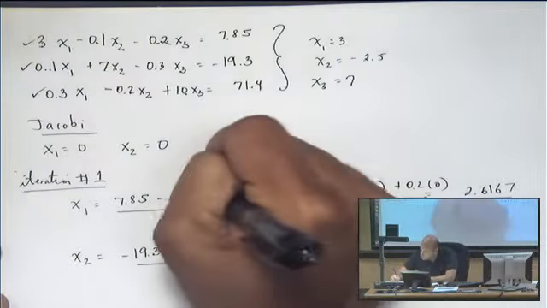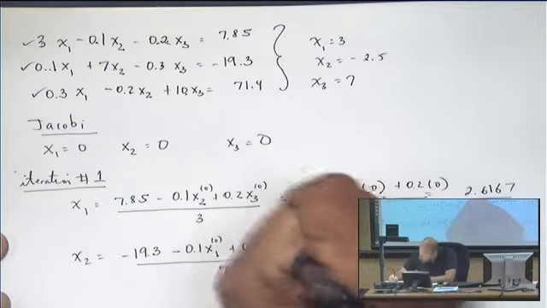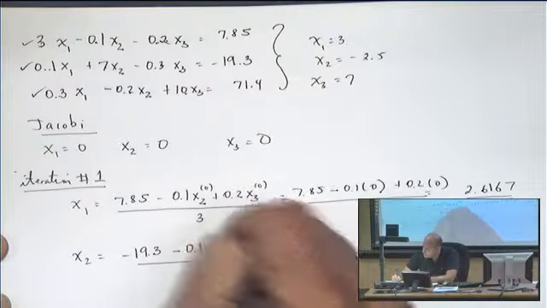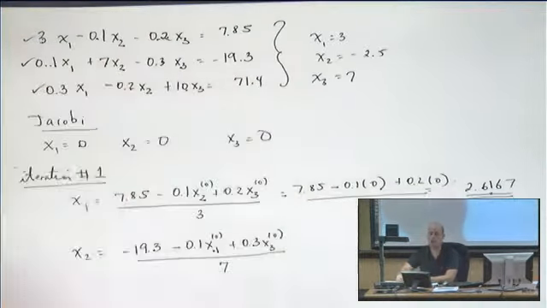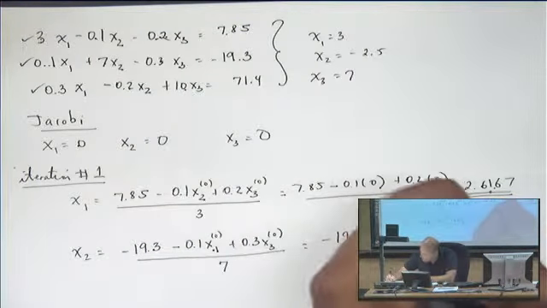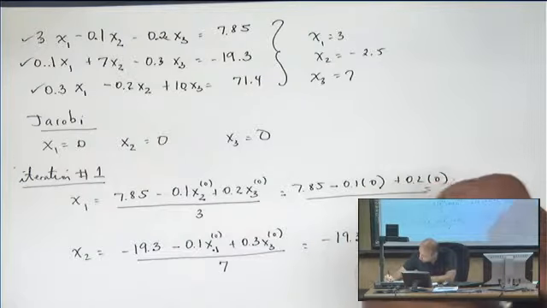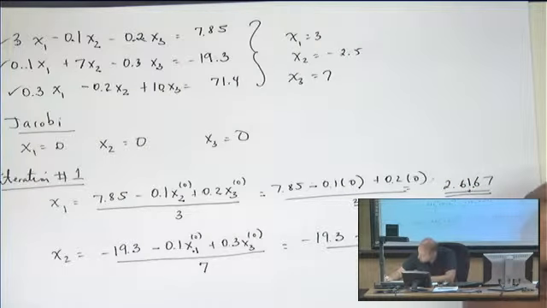I'm going to use the superscript 0 to say that's the 0th iteration. So the x1 I use is not going to be this, it's not going to be that, it's going to be this in the Jacobi method. That's different in Gauss-Seidel. The next method we're going to learn is called Gauss-Seidel. In Gauss-Seidel, I would use that, but I don't use it here. Instead, I just say it's minus 19.3 minus 0.1 times 0 plus 0.3 times 0, divided by 7, which is equal to minus 2.7571.